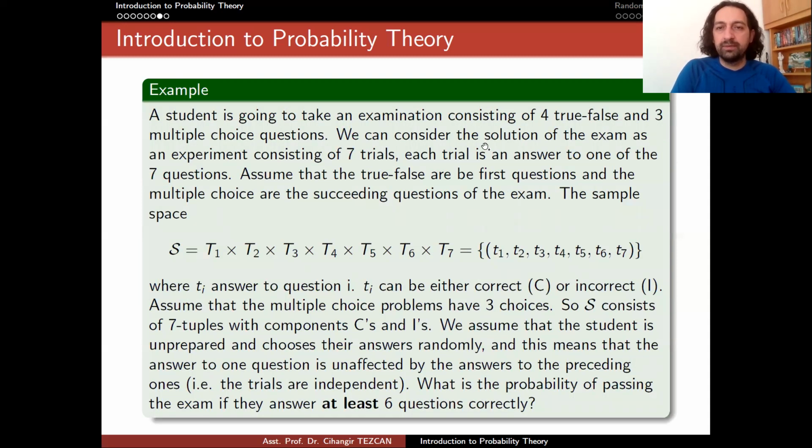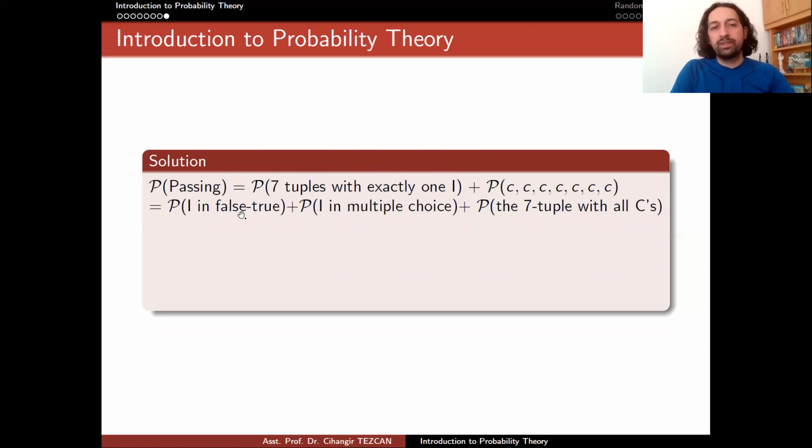I think, let me see, yes, we have 4 true false questions. So assume that your answer to 3 of them are correct, 1 of them is wrong, and the remaining 3 multiple choice questions are also correct. In the second scenario, you correctly answer all true false questions, but you make an incorrect answer in multiple choice questions.